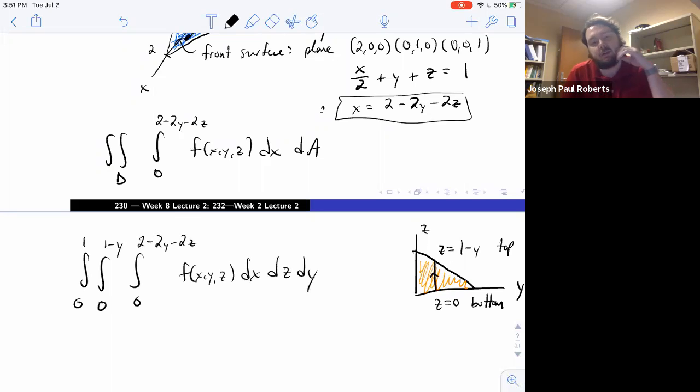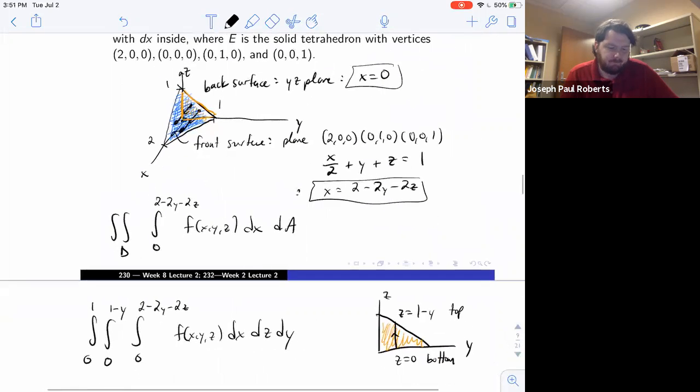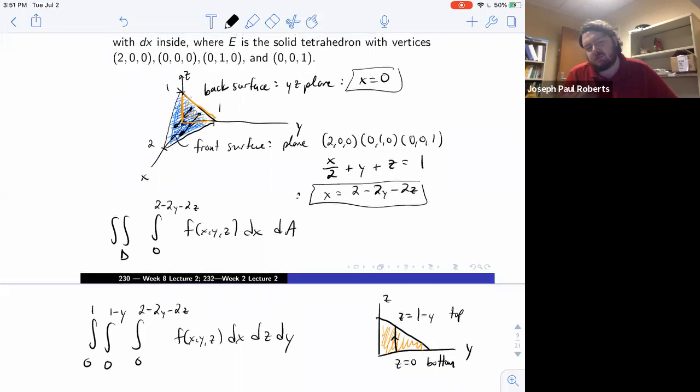You could, of course, have done dx, dy, dz if you had set up the outer bounds as dy, dz, but might as well go dz, dy. So this tetrahedron, we could have just as easily done with dz on the inside or dy on the inside, but this was good practice just putting dx on the inside.